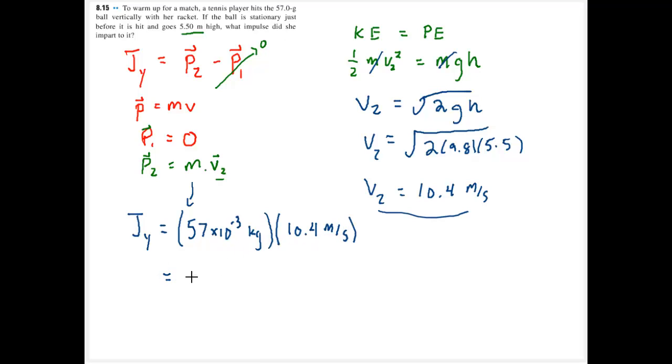And at the end of the day, the impulse that the tennis racket put to the ball is going to be 0.593 kilograms meters per second.